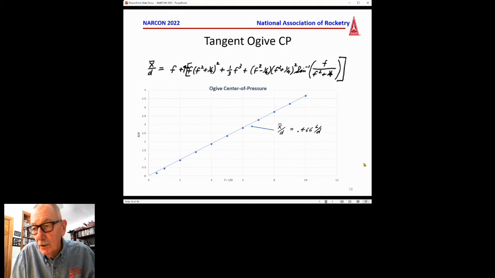That's how you create an ogive shape for a nose cone. And that shape ends up with ultimately a fairly simple number to go: the center of pressure x is 0.466 the length of the nose cone.